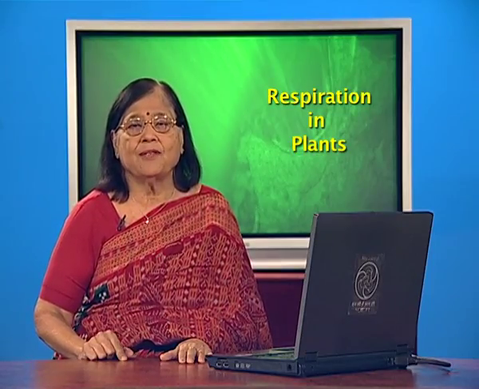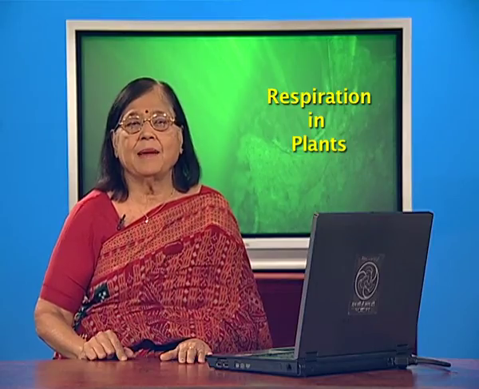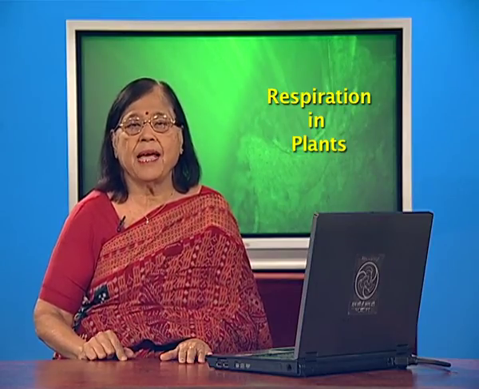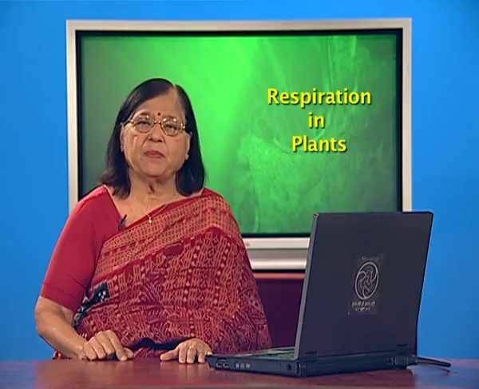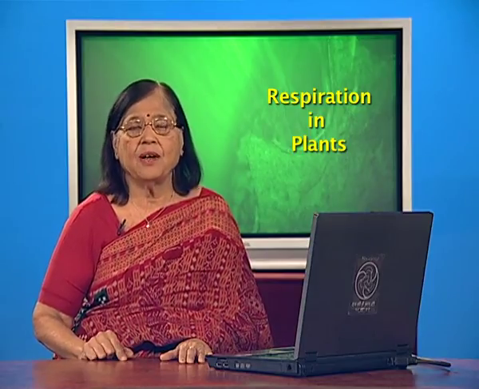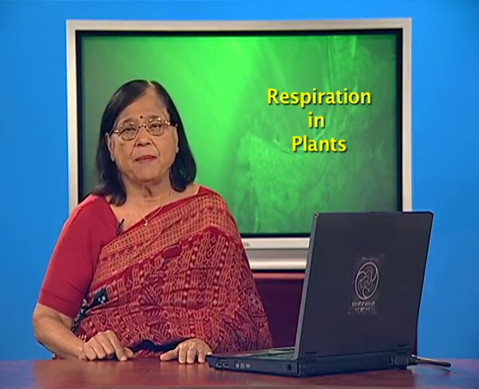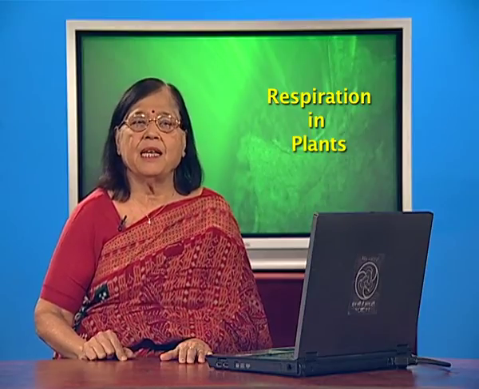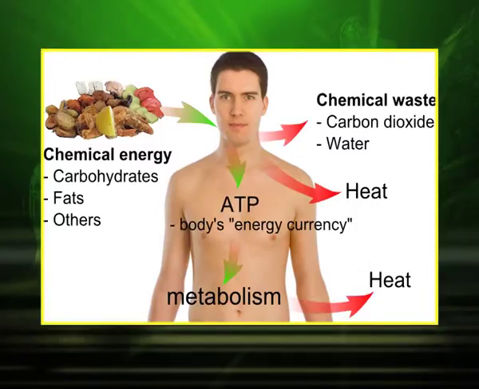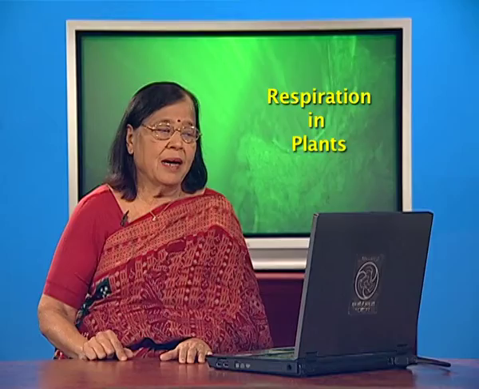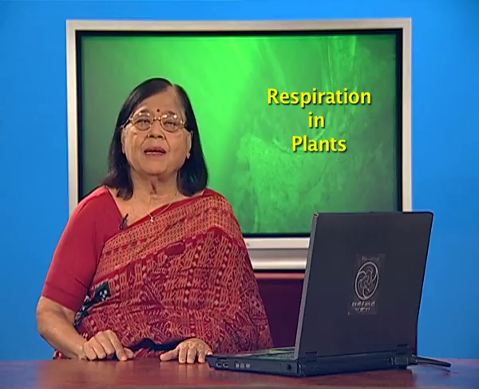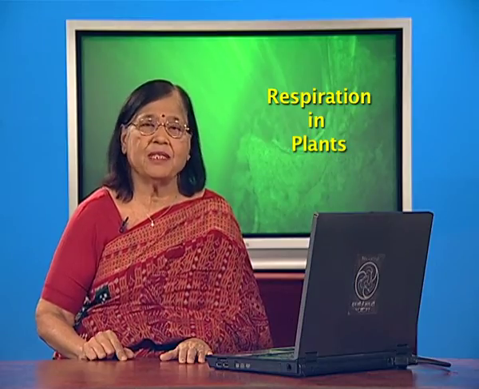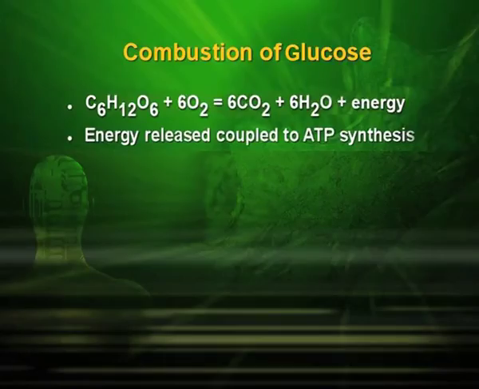So, the respiratory process is finally taking place using carbohydrate as substrate, oxygen as splitting agent, and the end result expected is energy production, of course in the form of ATP, a chemical energy, so that we can store it for some time. Now, all this is possible only because of the respiratory process taking place in the plants.